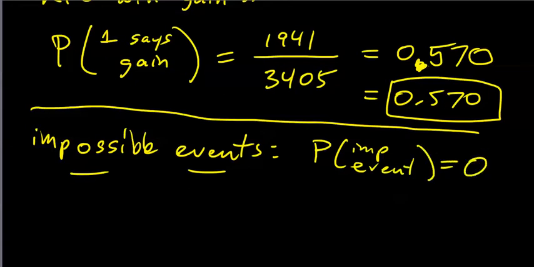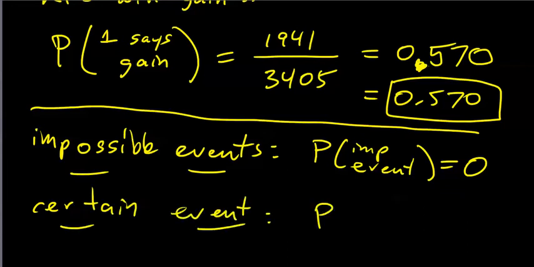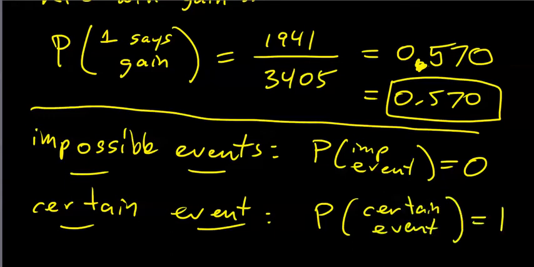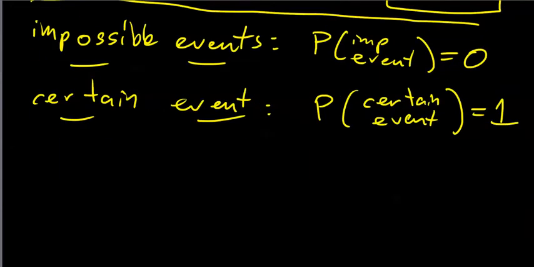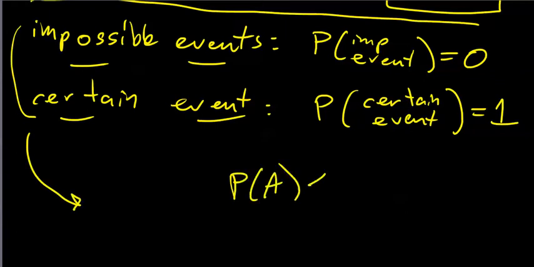The probability of any impossible event equals 0, and a certain event, well, if you're considering a certain event, the probability of a certain event, as you might predict, equals 1. And you can't get more sure than certain, so that implies that the probability of any event has to be between 0 and 1 inclusive.